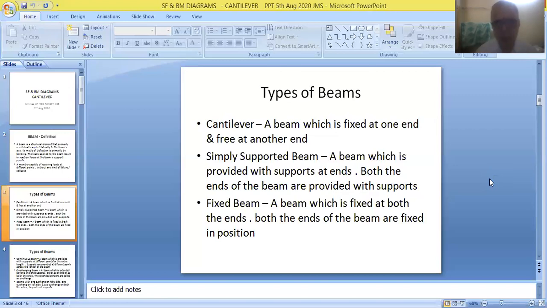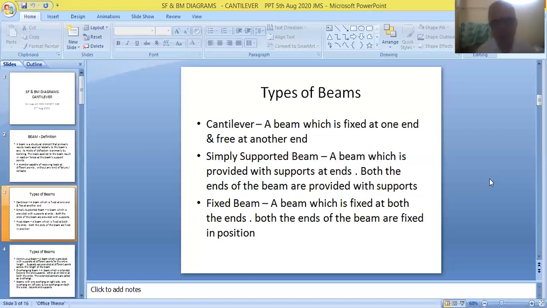So generally the left end of the beam will be fixed, and the right end of the beam will be kept in free position. So therefore one end is in fixed position, and another end of the beam is kept in free position. So therefore it is referred to as a cantilever.